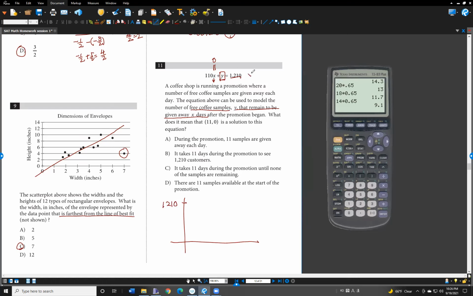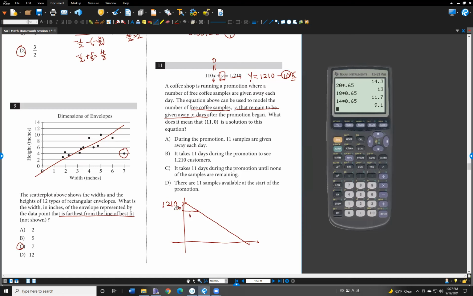Every day, y equals how much? Can you see over here? Y equals 1,210 minus 110x. Every day, 110 go out. Every day, it's going down by 110.